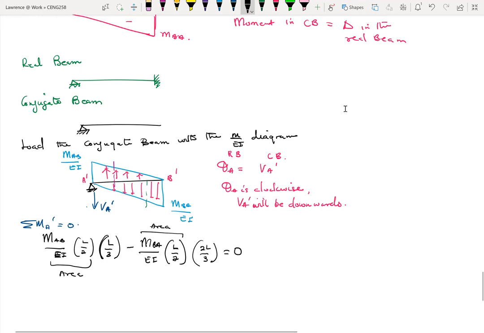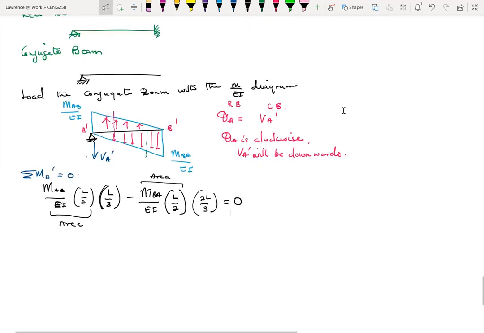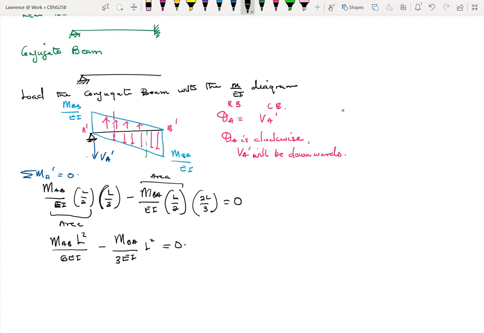So if you simplify these equations, you will end up with MAB L squared over 6EI minus MBA L squared over 3EI equals 0. So let's see.